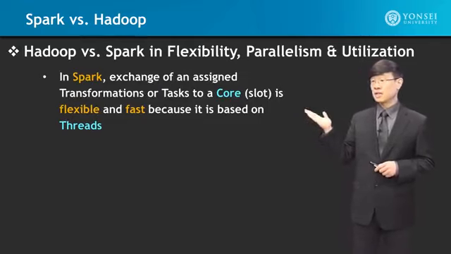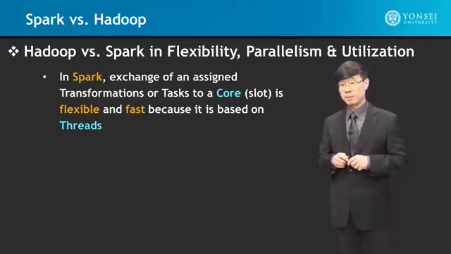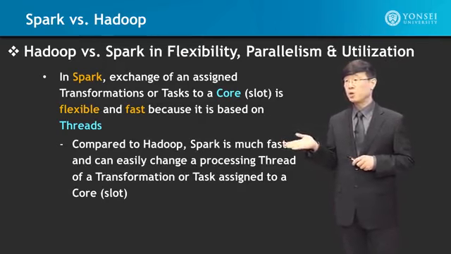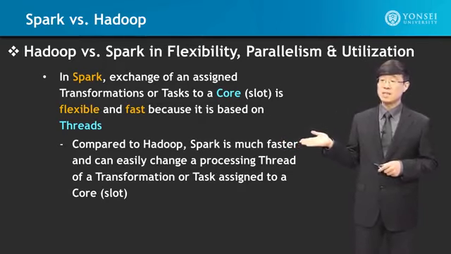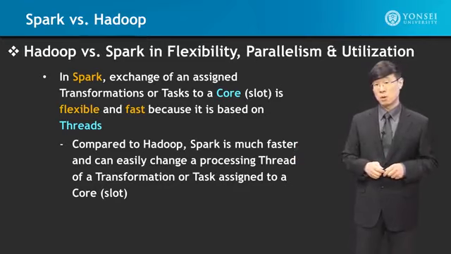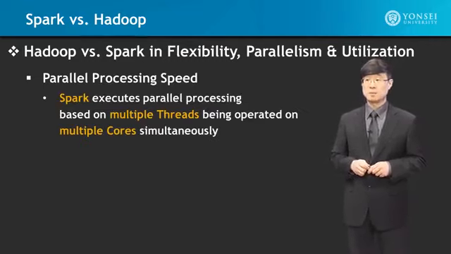In Spark, exchange of an assigned transformation or task to a core is flexible and fast because it is based on threading. Compared to Hadoop, Spark is much faster and can easily change processing threads of a transformation or task assigned to a core.